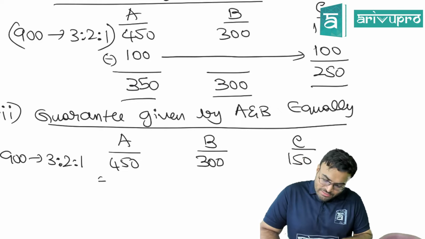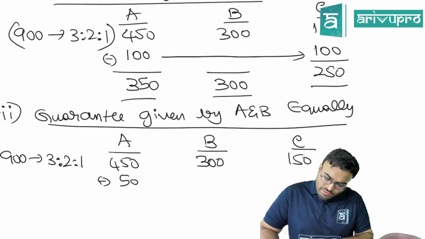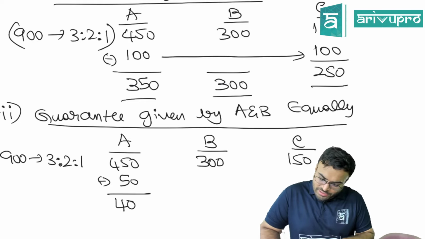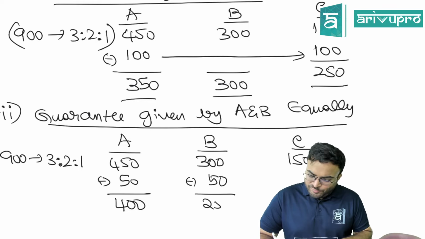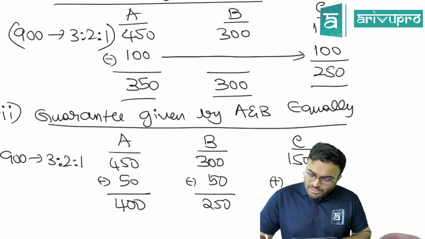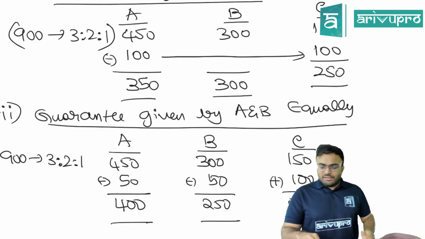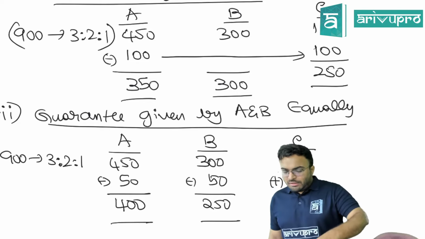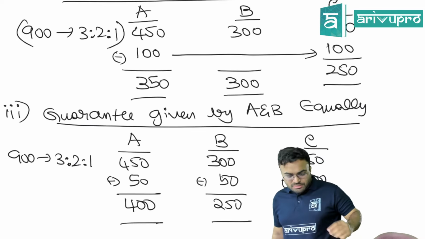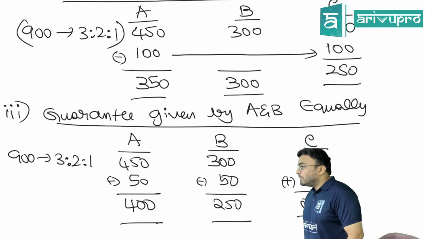So minus 50, this becomes 400, minus 50, this becomes 250, plus 100, this becomes 250. So whatever shortage was there, that is given by the partners. We had done some example problems yesterday on this. So let me know if you have any questions.